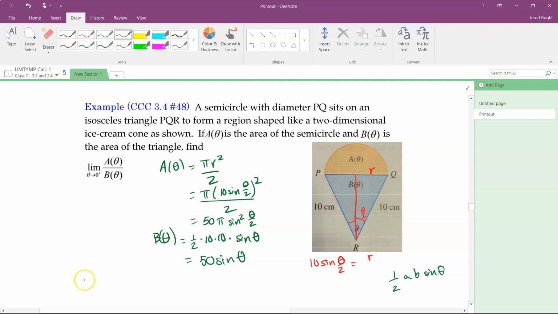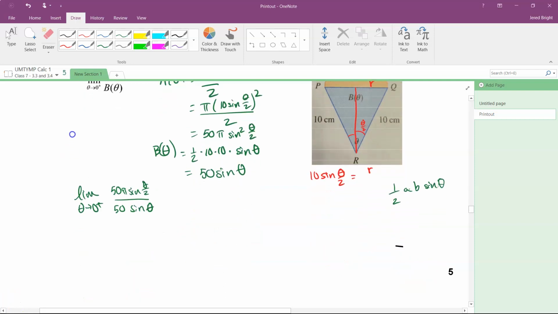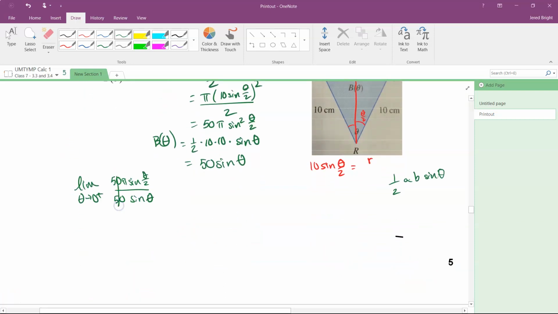Okay, so then this limit, as we approach 0 from the positive side, would just be 50 pi sine squared theta over 2 over 50 sine theta. And certainly from here the 50s can reduce, but then thereafter the pi would come out front as well. From here on out, though, it gets a little algebraically intense.